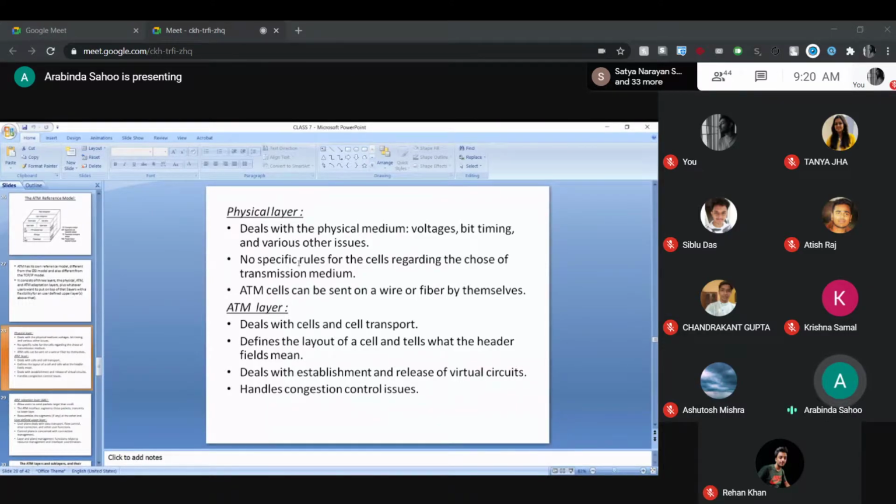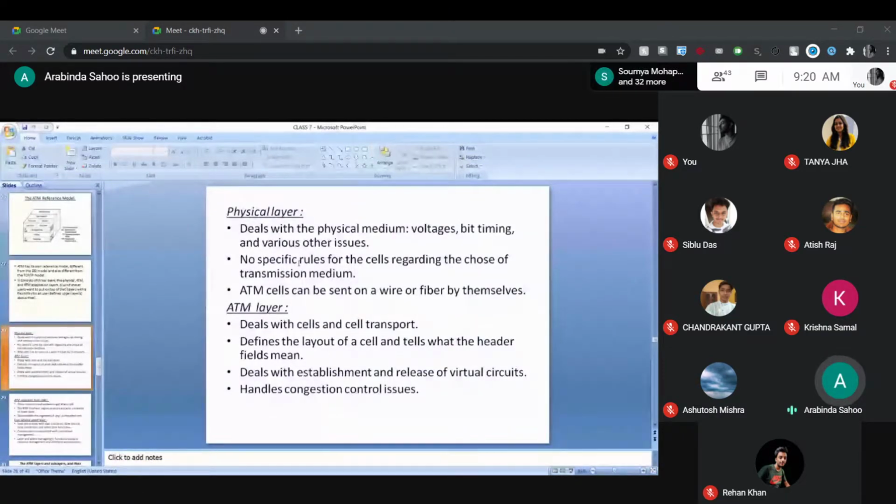As it is connection oriented, it deals with your physical medium and your voltages, because you are transmitting in the wire in the form of voltages, that is, low voltage for 0 and high voltage for 1.